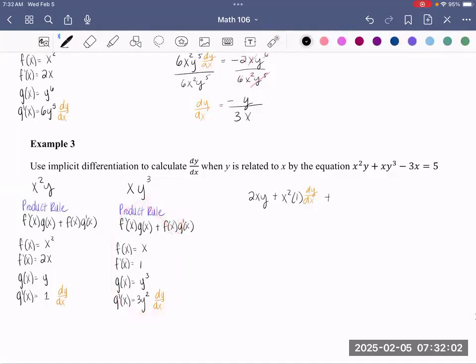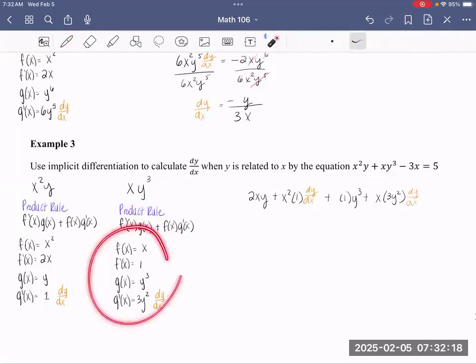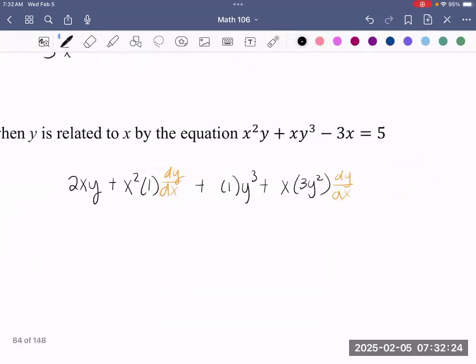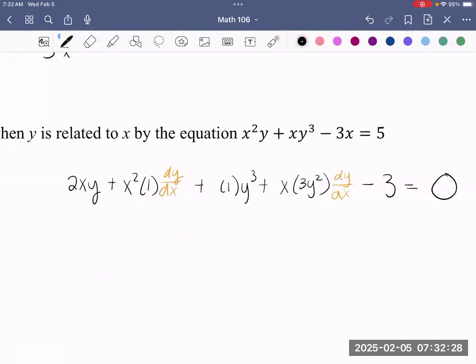So we have 1 times 1 times y cubed plus x times 3y squared dy dx, and that is coming from this here. Now we can go ahead and derive my third term, -3, and our other side, that's a 0.